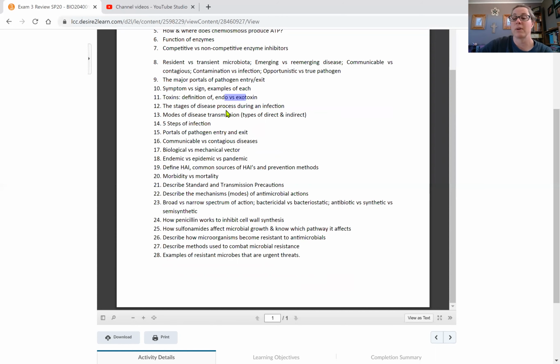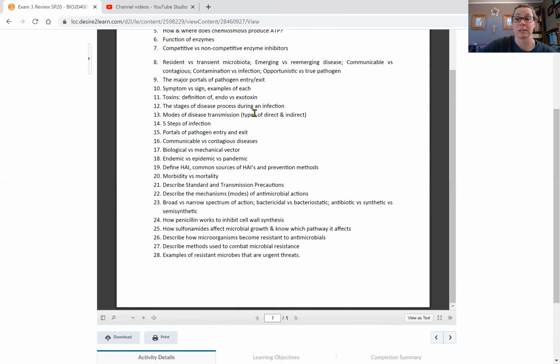Stages of disease process during an infectious disease. So we have like the incubation period, we have a convalescence period. Make sure you know the order in which those occur, and maybe, you know, some basic information about each of those stages.